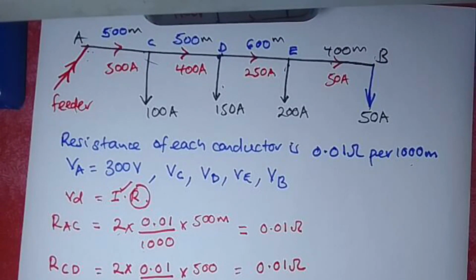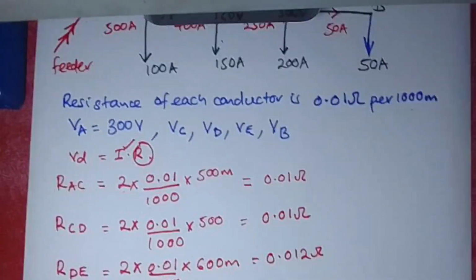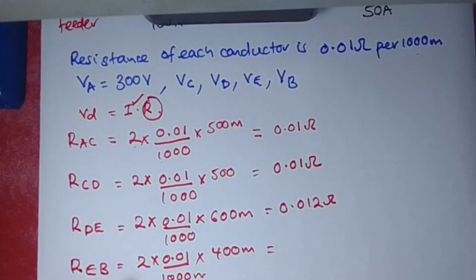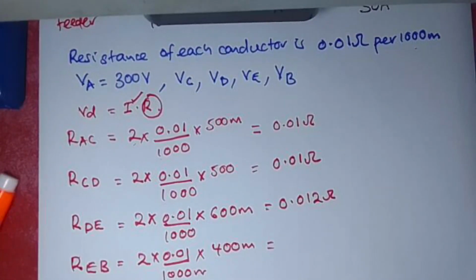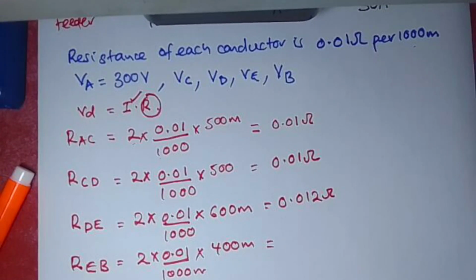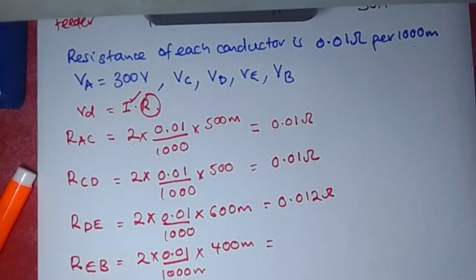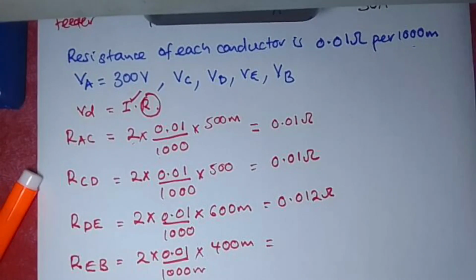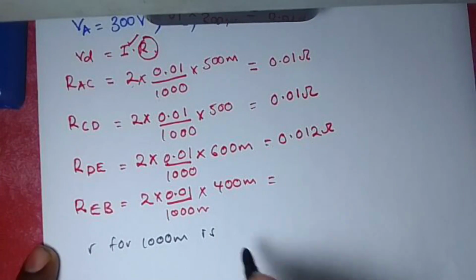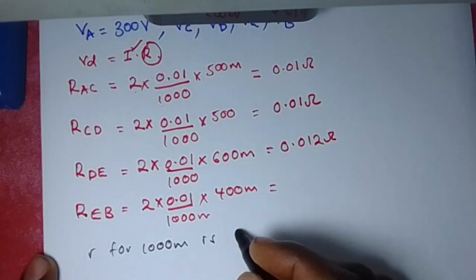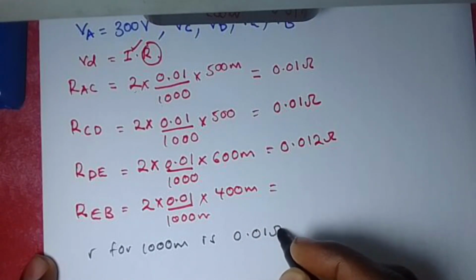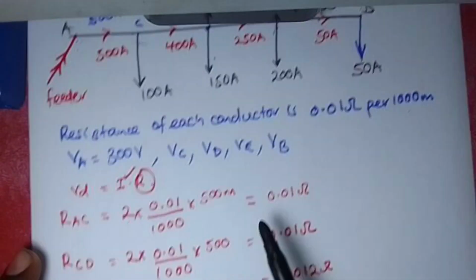Maybe to elaborate, let me write it down for you. Here they have given us that the resistance for 1000 meters is 0.01 ohms. Now what about the section we want?